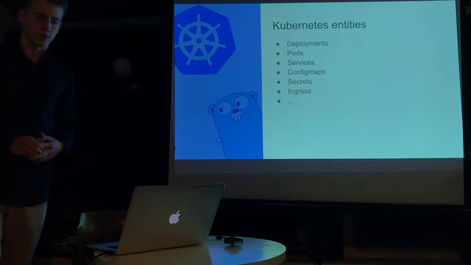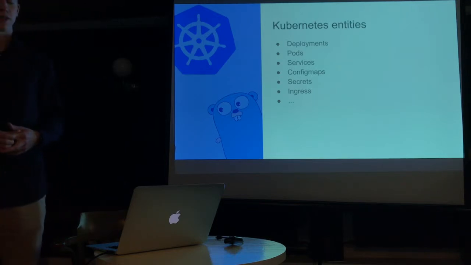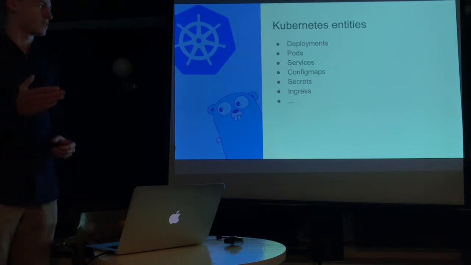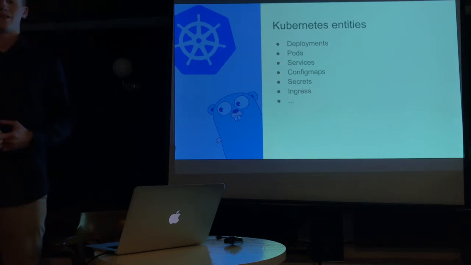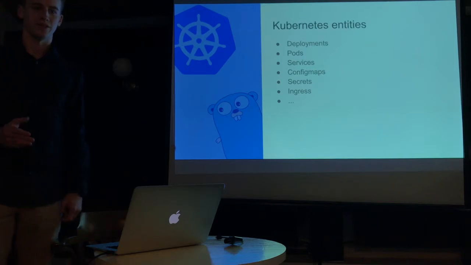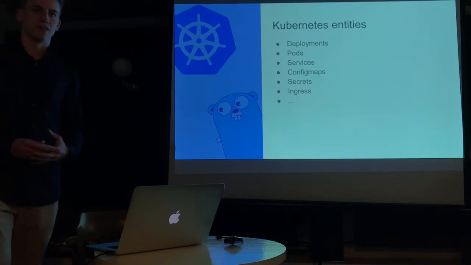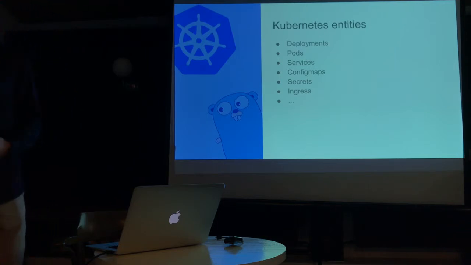It also has some stuff like health checking. So you can say that there is an endpoint in your application that is named health, and Kubernetes can check this endpoint to make sure that your application is alive.